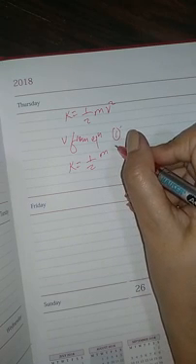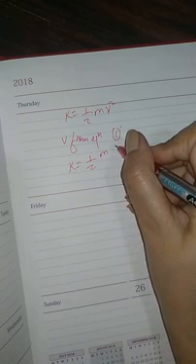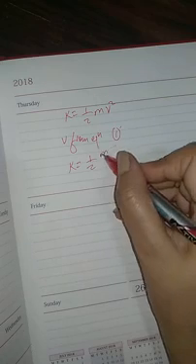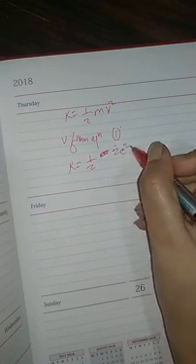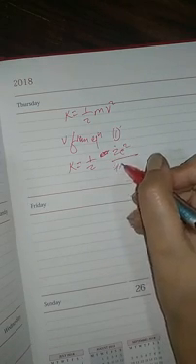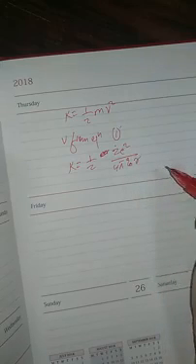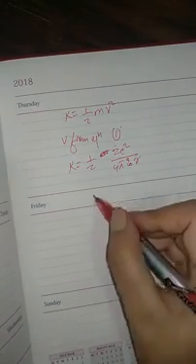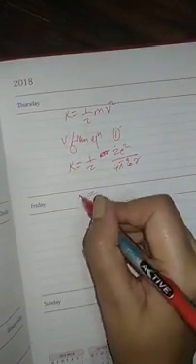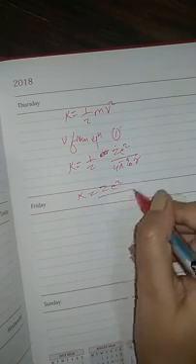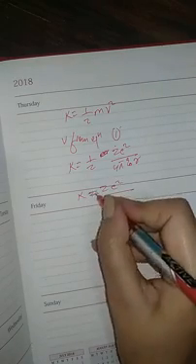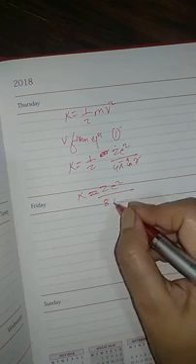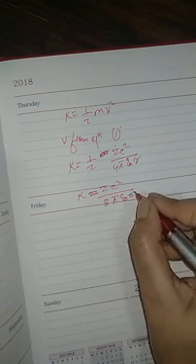Equation number 1 is mv² equal to Ze² by 4 pi epsilon naught r. So in place of mv², we can directly write that, and K is equal to Ze² divided by 8 pi epsilon naught r, since 2 into 4 is 8.